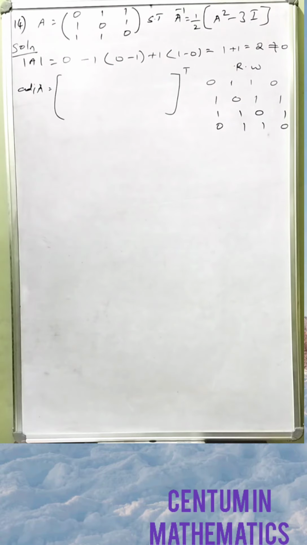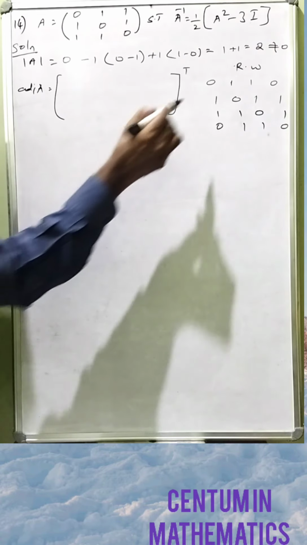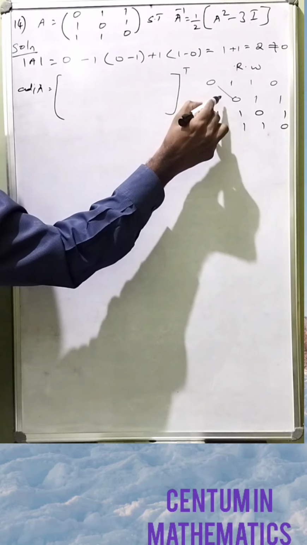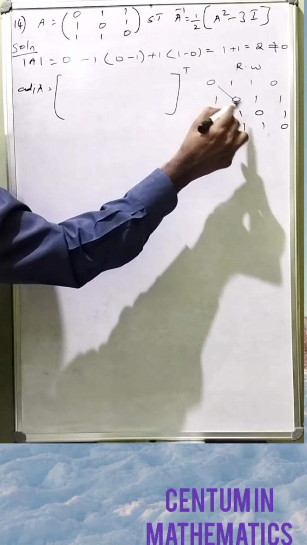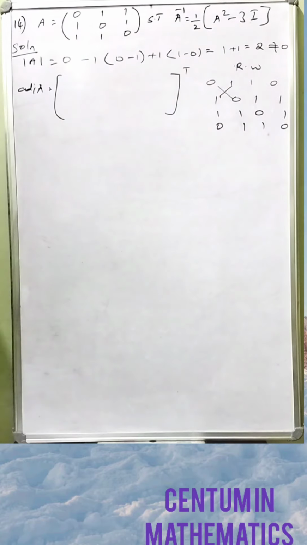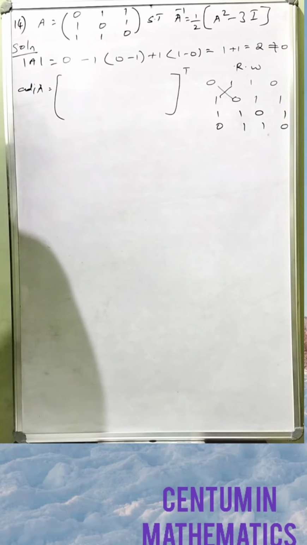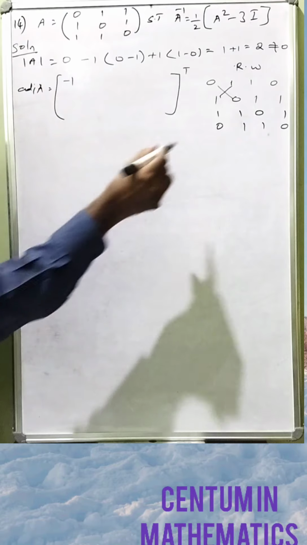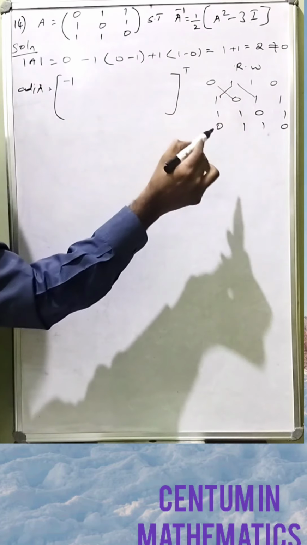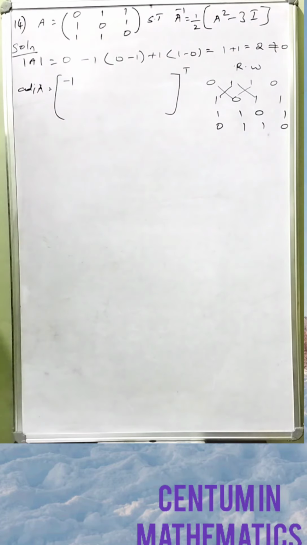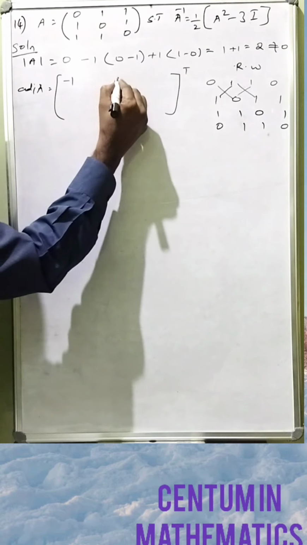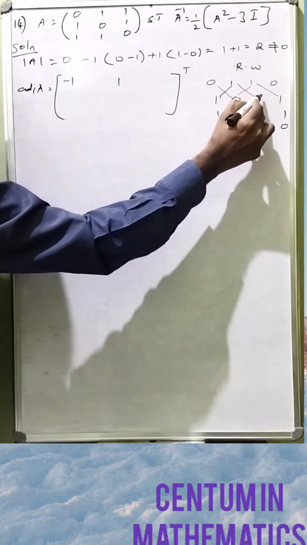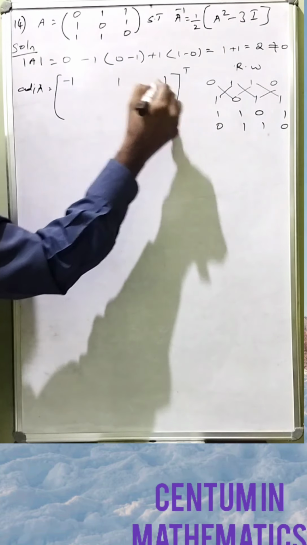So we have to find this first. Multiply 0 into 0, 1 into 1, minus 1. So 0 minus 1, we get minus 1. The next here 1, 0, so we get 1. Next here 1, 0, so we get 1.